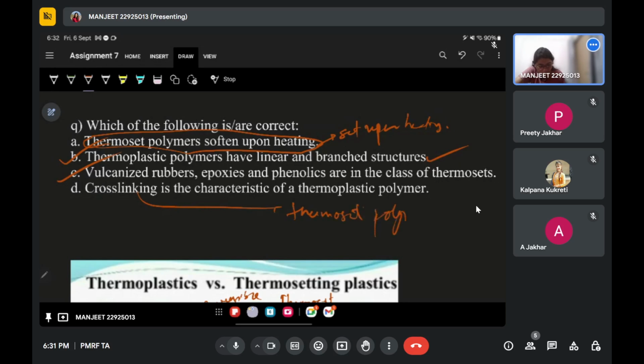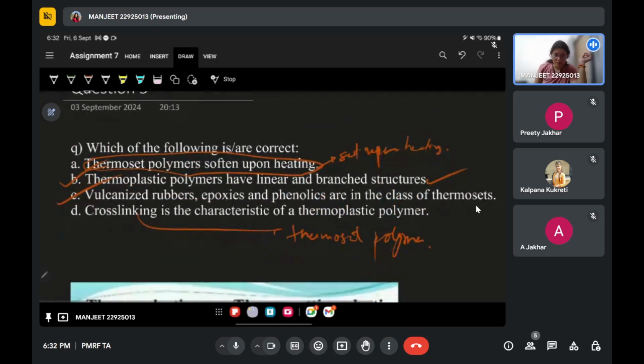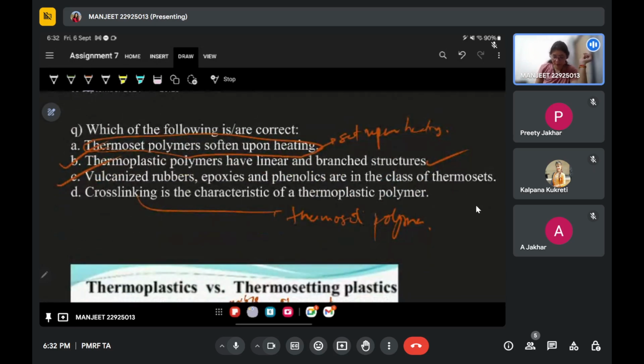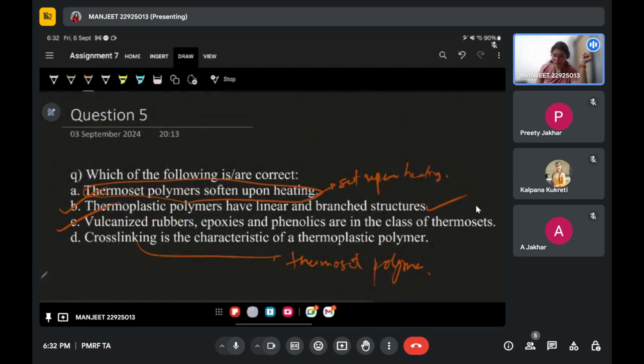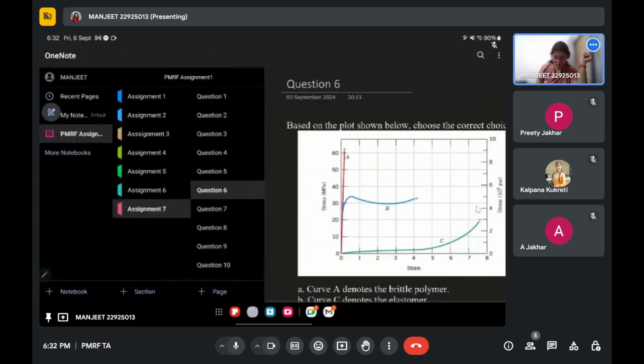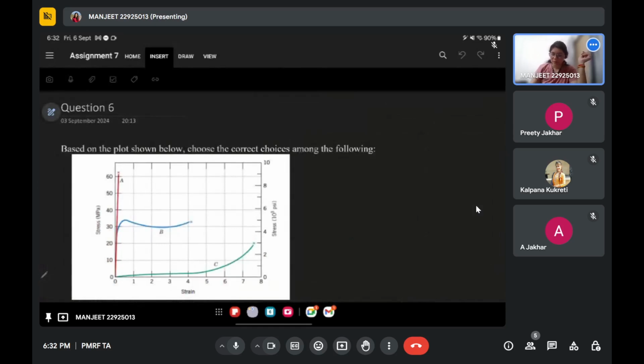I hope you understood how you distinguish between the thermoset and the thermoplastic. So this is all about question number 5. Let's move to question number 6. Till this point, if you have any question, please let me know so that we can solve it.